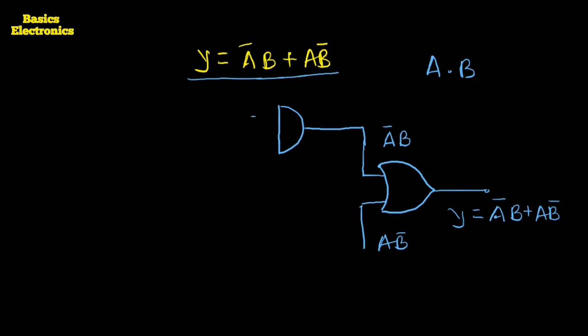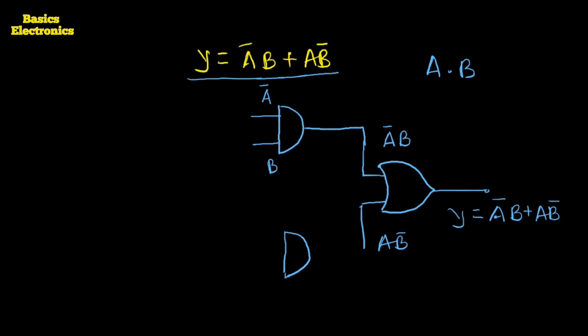The first input for the AND gate is A bar, and the second input is B. Like the upper side, at the lower side again we require to use the AND gate, because here we have to produce the output.